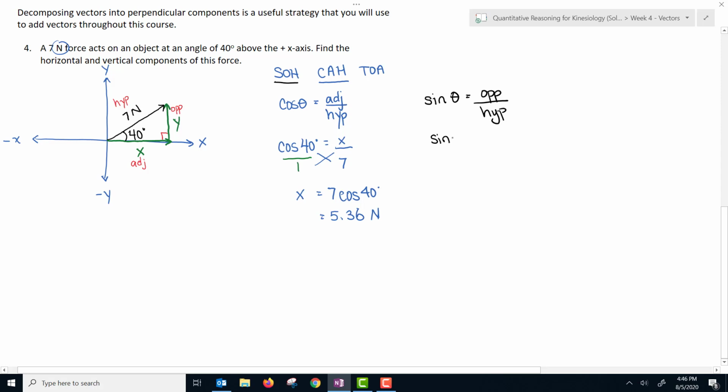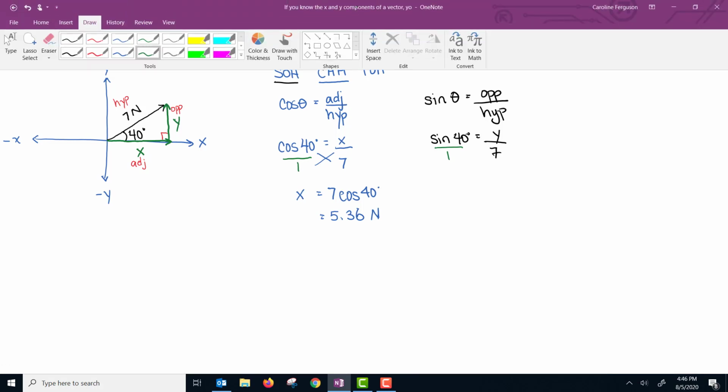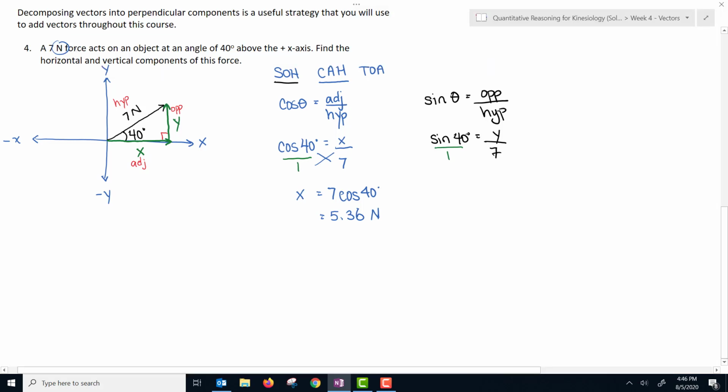Sine, our angle is 40 degrees, is equal to the opposite side, which we labeled as y, over the hypotenuse, which is 7. Again, we're going to make both sides into fractions since one side already is a fraction, and then we'll cross multiply to get rid of those fractions.